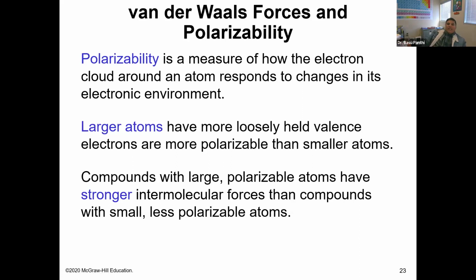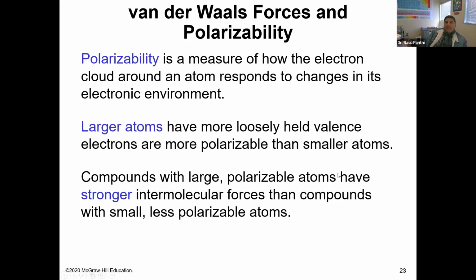So polarizability is a measure of how the electron cloud around an atom responds to changes in its electronic environment. Larger atoms have more loosely held valence electrons and are more polarizable. And compounds with large polarizable atoms have stronger intermolecular force. So if the molecule is polarizable, that means it has a stronger Van der Waals.